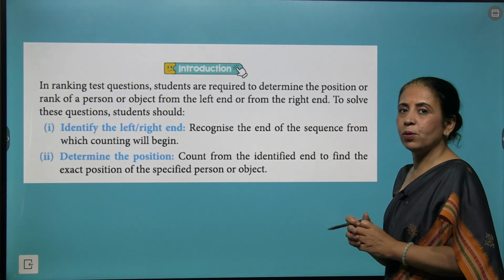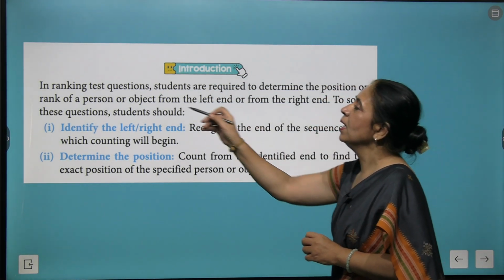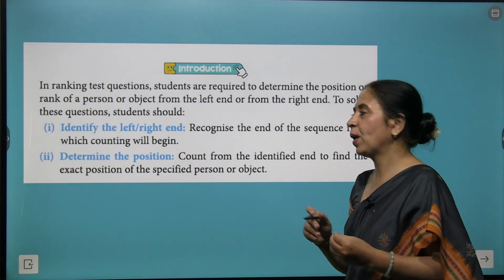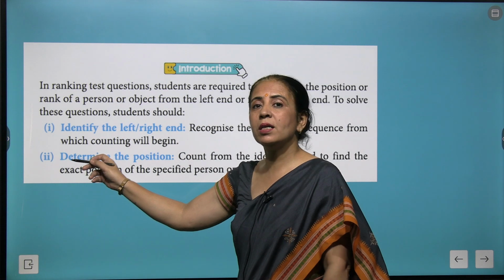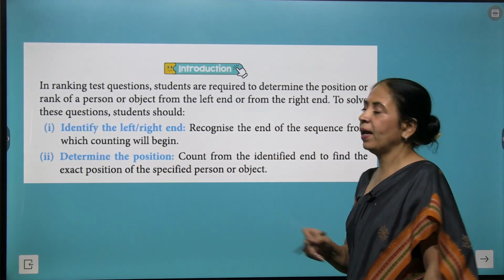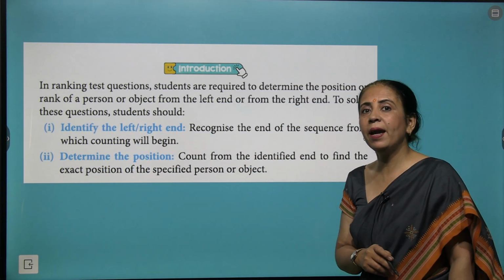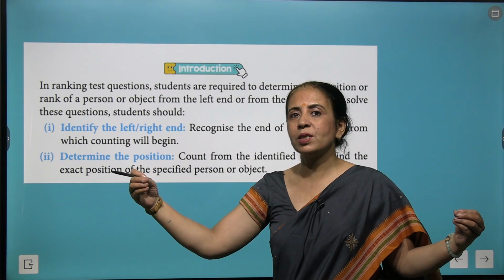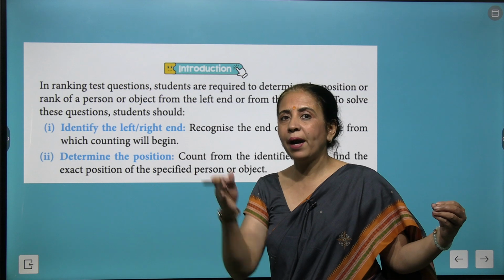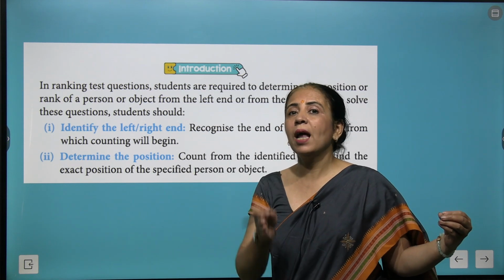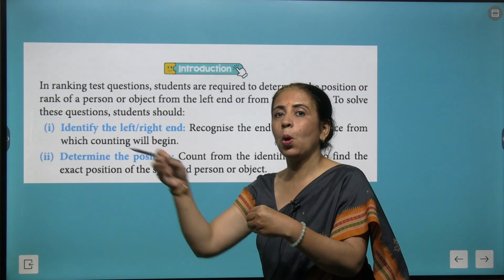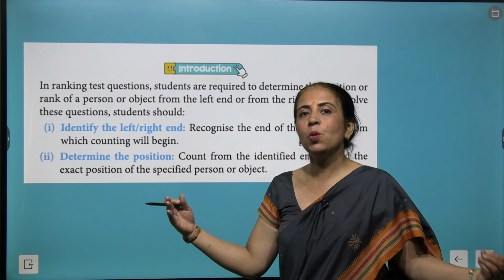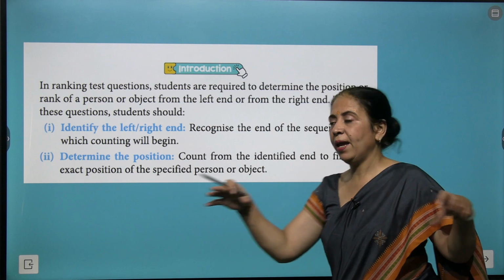So when you talk about ranking test questions, here we have the questions which are of two categories. The first one is to identify the left and the right end, because until you know the leftmost end or the rightmost end, you cannot identify the position at which place a particular object exists from the left or from the rightmost end of the lane, right?